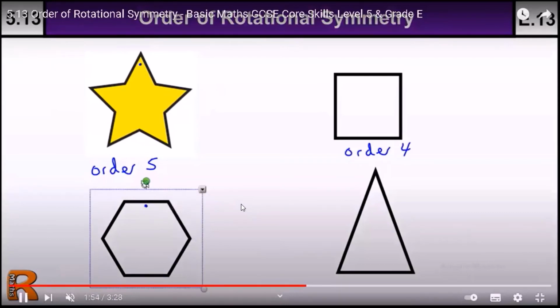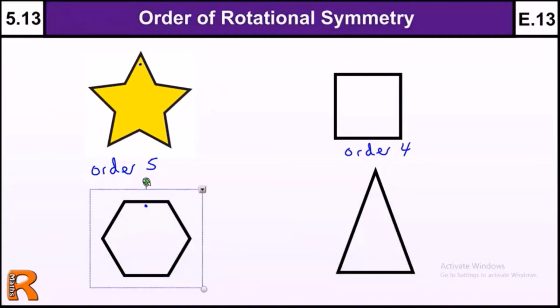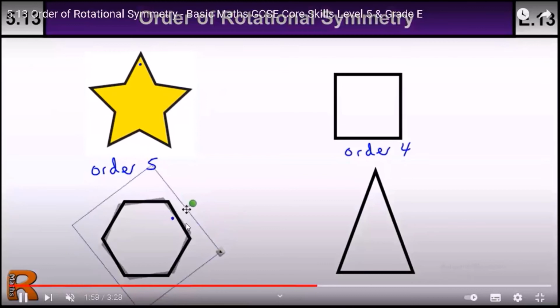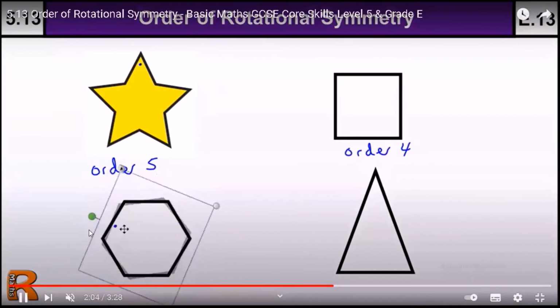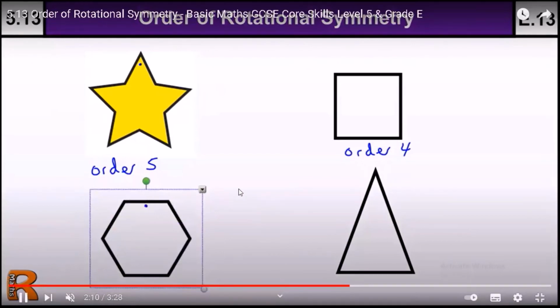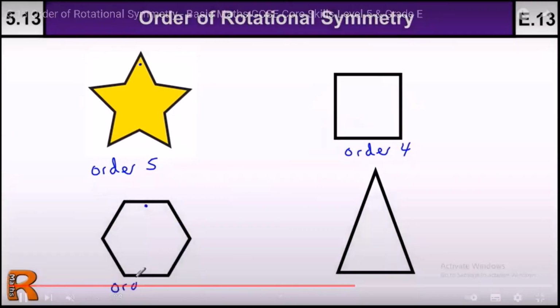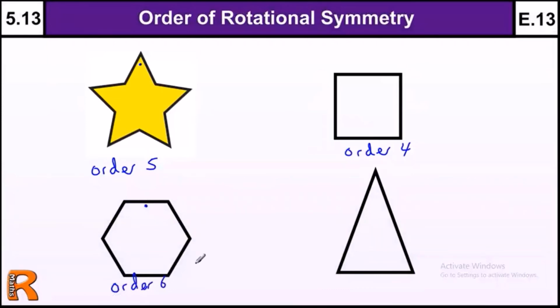Let's see now, when he rotates it, look at this. It fit into itself now 1 time, 2 times, 3 times, 4 times, 5, and it went back to the original place 6 times. So this hexagon has a rotational symmetry of order 6.